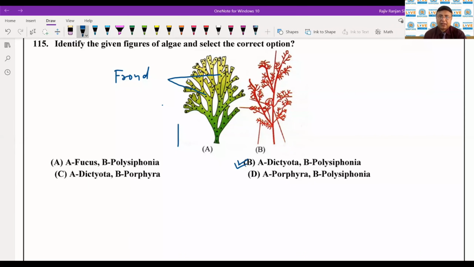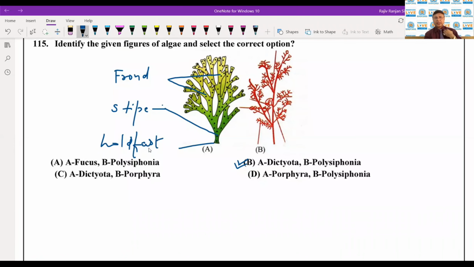pigment fucoxanthin, and this frond has got a stipe at the lower side. This stipe is a stalk-like structure, okay, and at the base, even while it has not been properly shown, there is a holdfast that fixes the plant to the substratum.